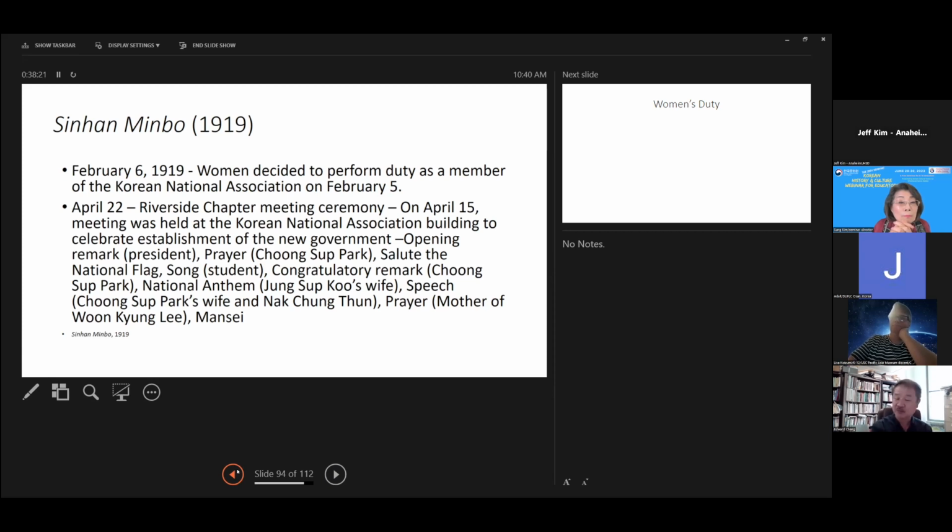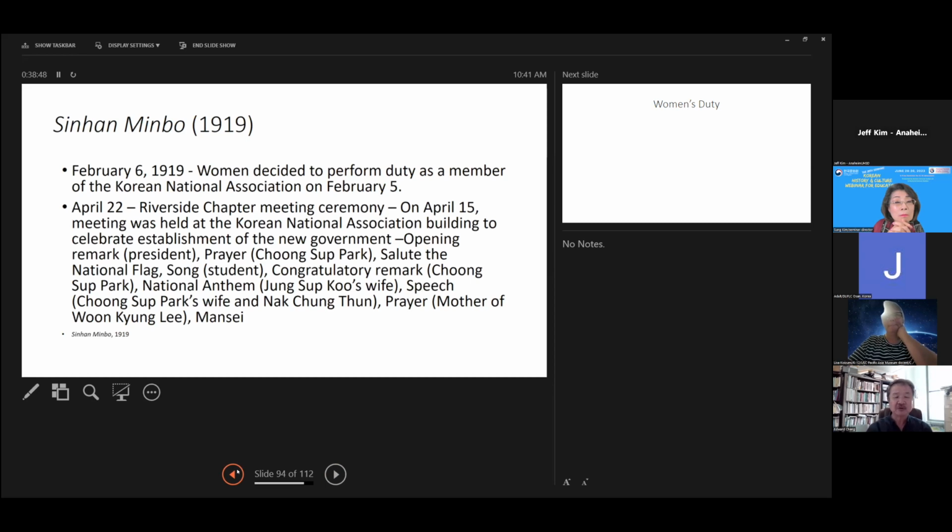But in Pachappa camp, Korean women played a major and active role. In the United States, women gained suffrage, voting rights, in 1920. But the Korean National Association granted full membership rights to women two years earlier, in 1918.